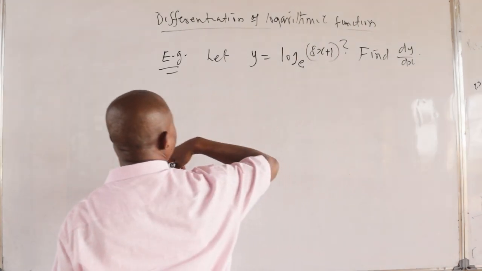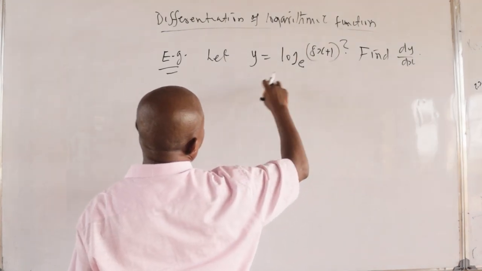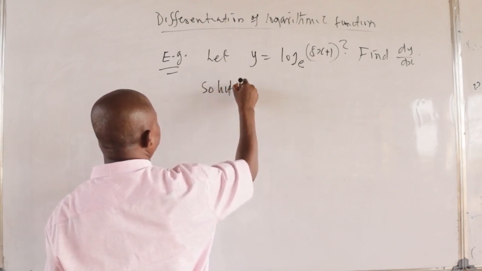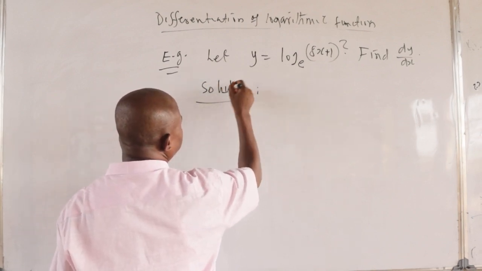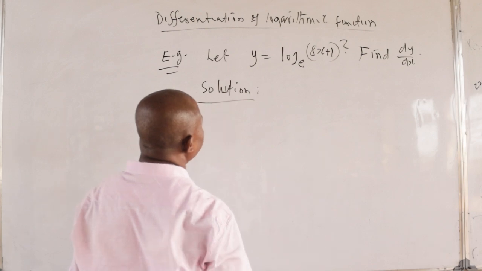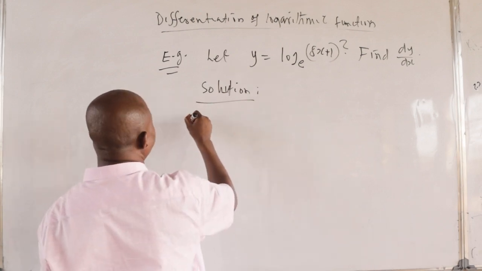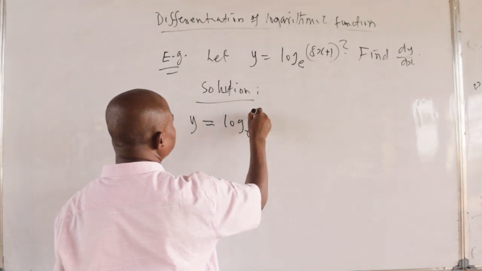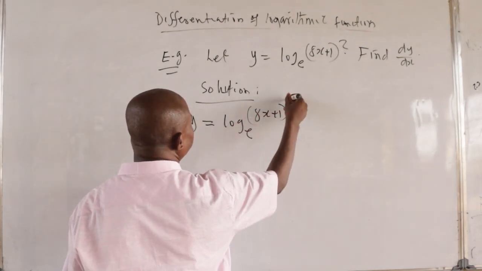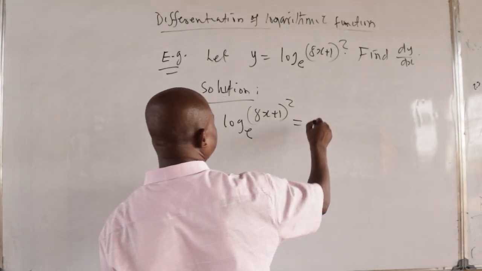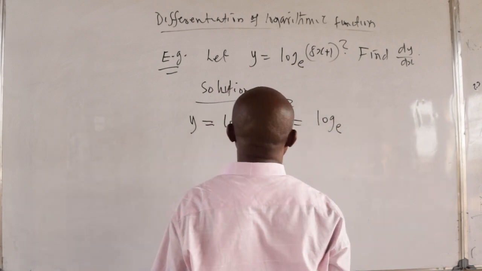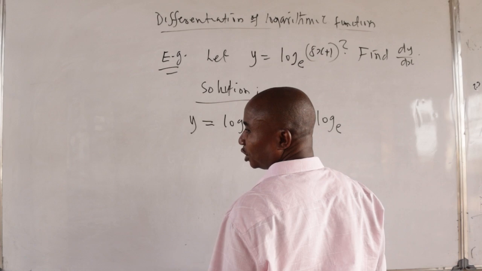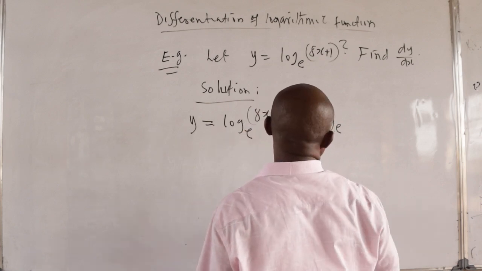So what is the derivative of y with respect to x? Again, if you look at what you have here, the first thing to do is to get the setting right. And so we can rewrite y equals log to base e of (8x plus 1) raised to the power 2. We can rewrite it as log to base e of v. I want to avoid using u again so you don't feel all times I must use v.